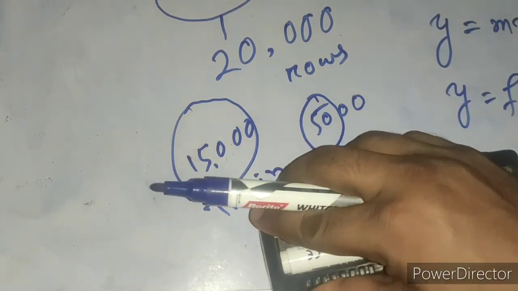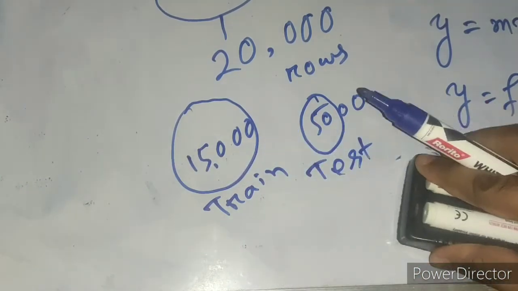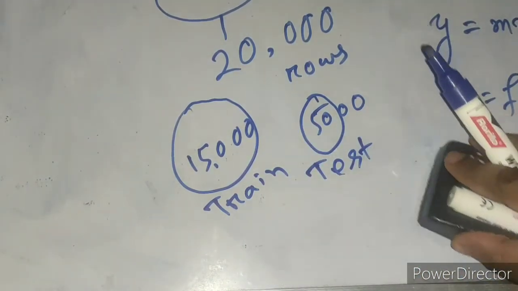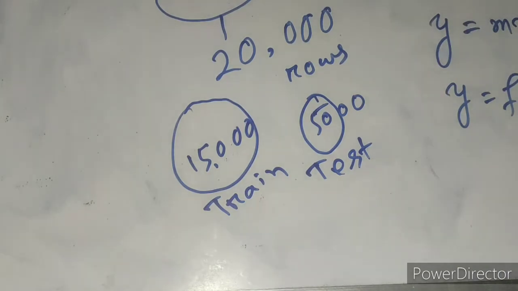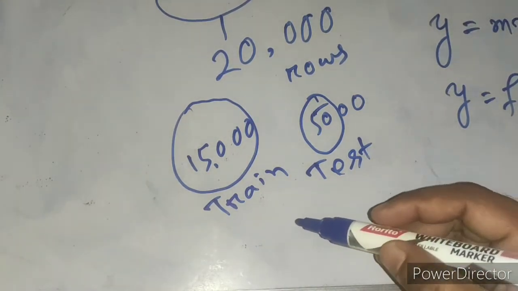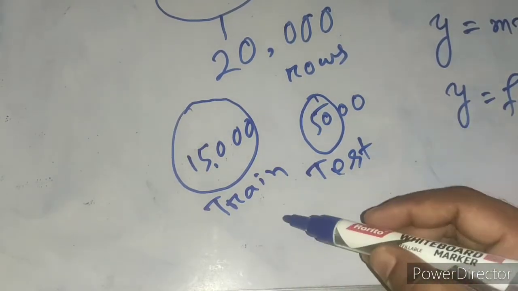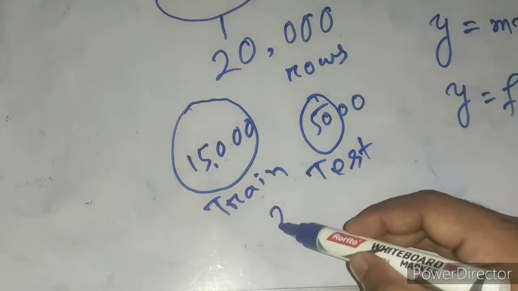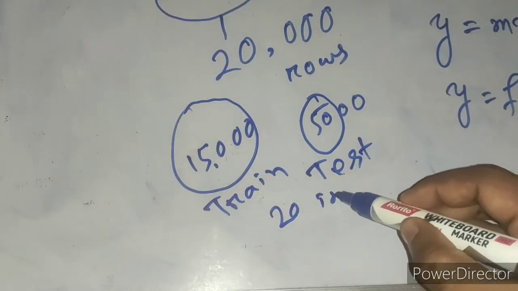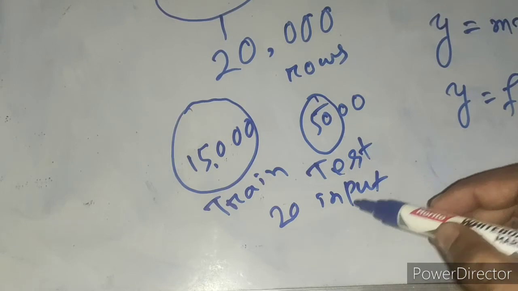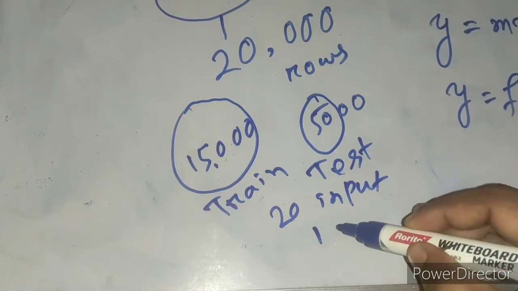As we can see here, in such a case, suppose there are some 20 input columns. So 20 input features are there, and one output feature.